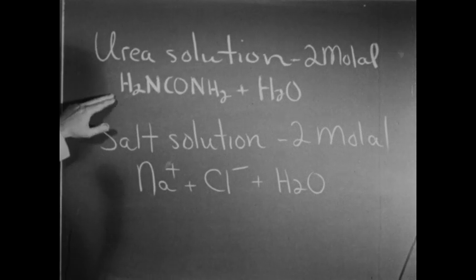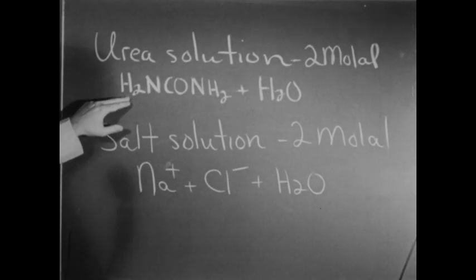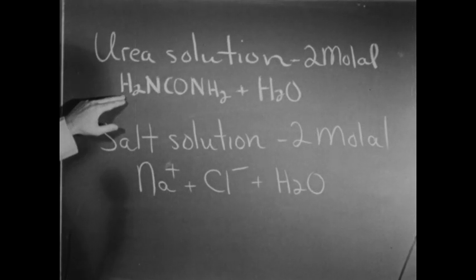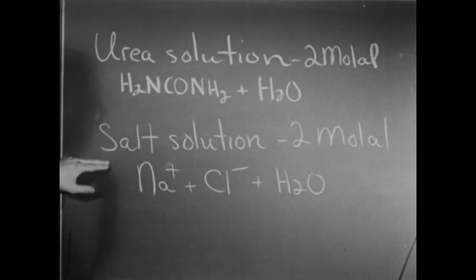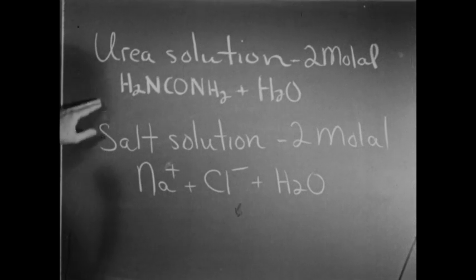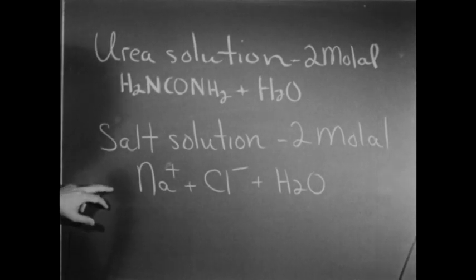Now, the urea solution had a higher boiling point than pure water. The presence of the non-volatile urea then did raise its boiling point, and it did so because a certain number of urea particles were present. In the case of sodium chloride solutions, however, the boiling point was raised to a higher temperature than that of the urea, even though we had 2 formula weights of each solute present.